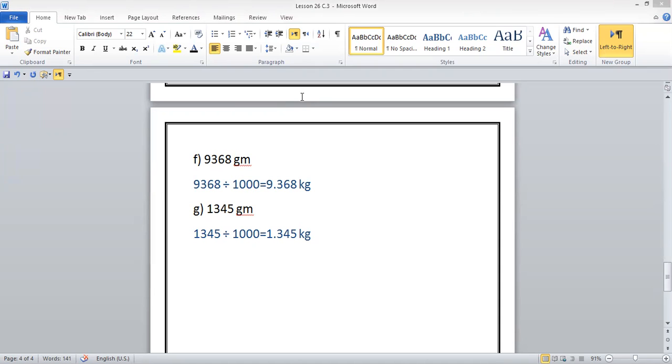Yes, sir. I have a question. You said to me, when we have 1,300 and 40, for example, when we want to make it into kilogram, we remove the zero.